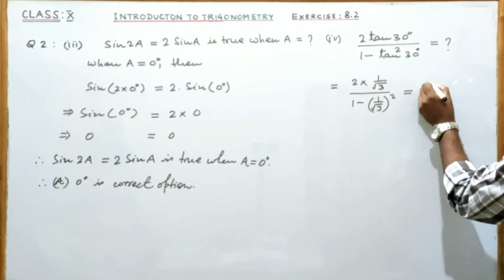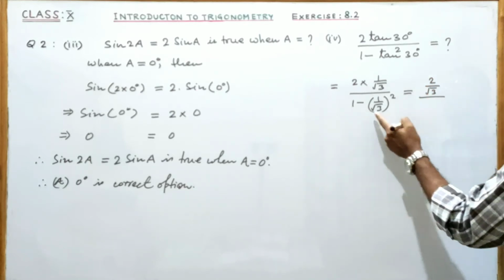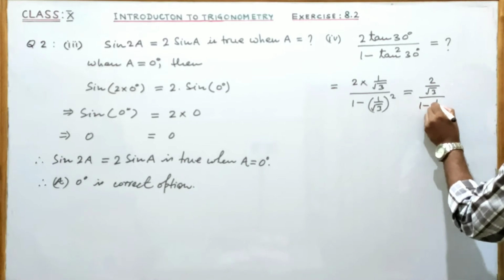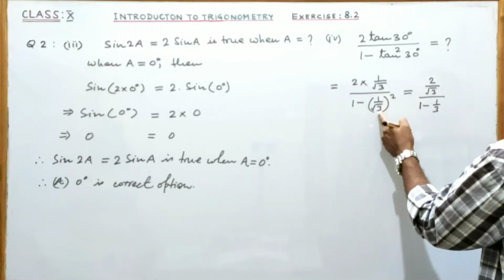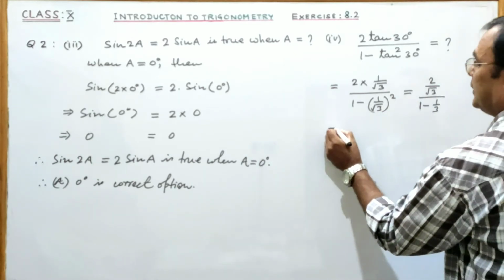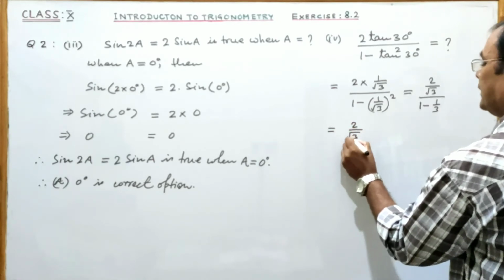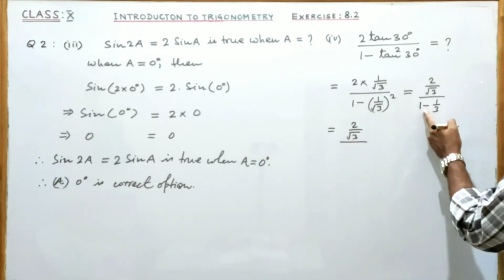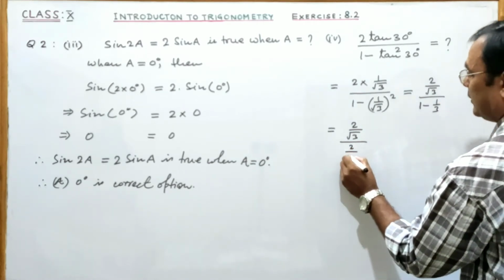This is equal to 2 by root 3 divided by 1 minus 1 by 3. 1 by root 3 whole square is 1 by 3. This is equal to 2 by root 3 divided by 1 minus 1 by 3, 2 by 3.